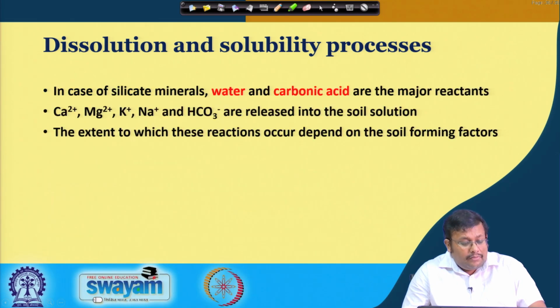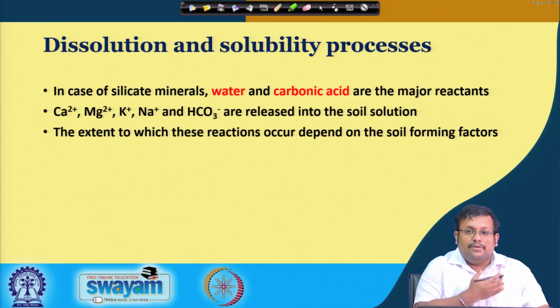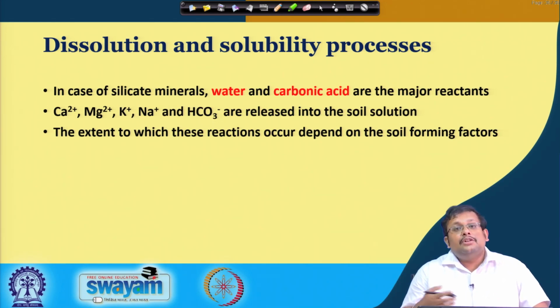Now, in case of silicate minerals, water and carbonic acids are the major reactants as we have already seen, and calcium, magnesium, potassium, sodium and bicarbonate are released into the soil solution, which we have just seen, and the extent to which these reactions occur depends on the soil forming factors.